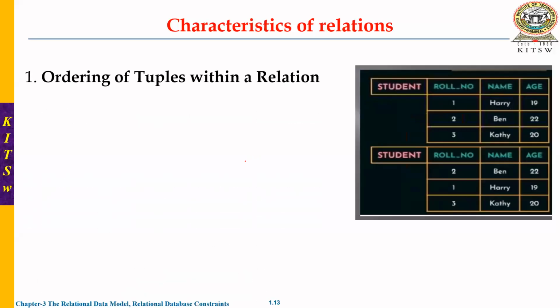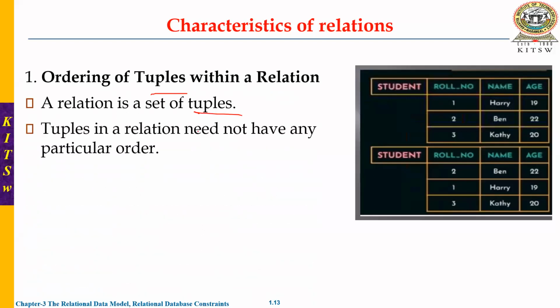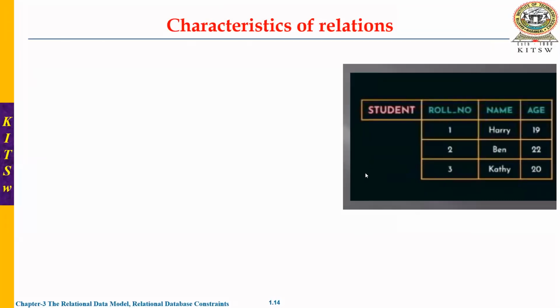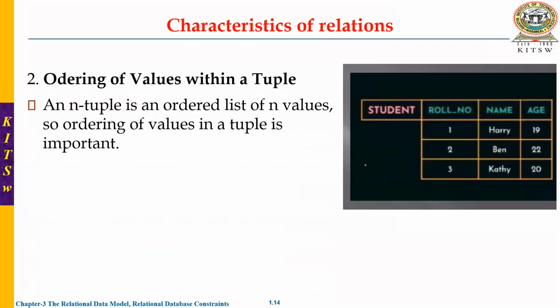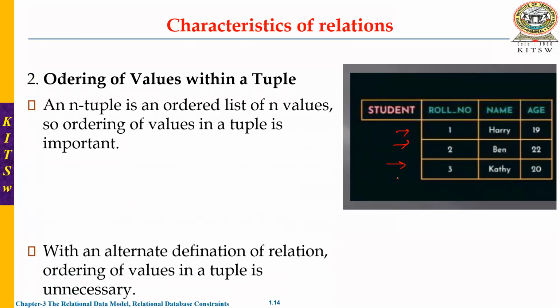So, characteristics of relations: ordering of tuples within a relation. A relation is a set of tuples, and the tuples in a relation need not have any particular order. Then ordering of values within the tuple: an n-tuple is an ordered list of n values, so ordering of values in a tuple is important.